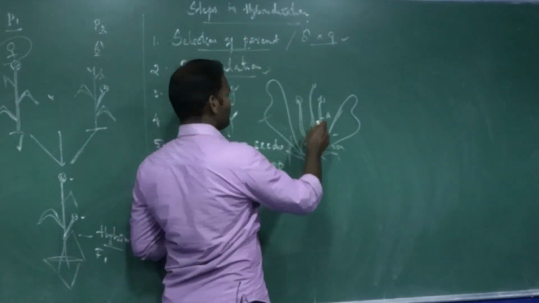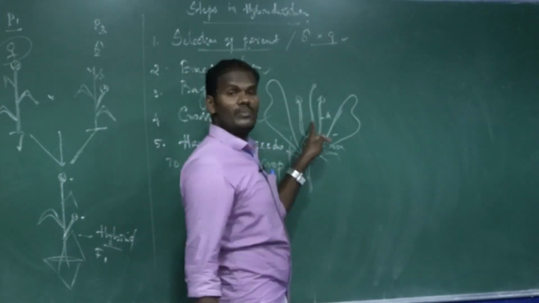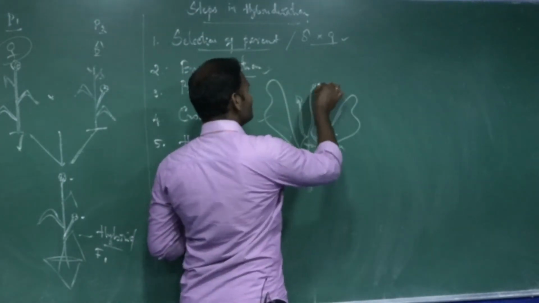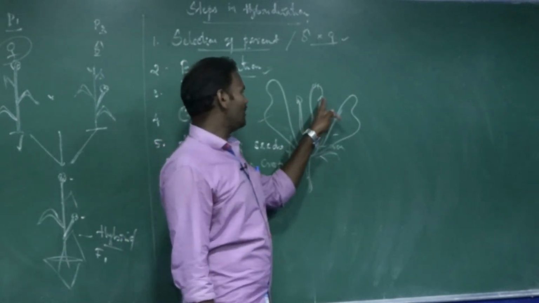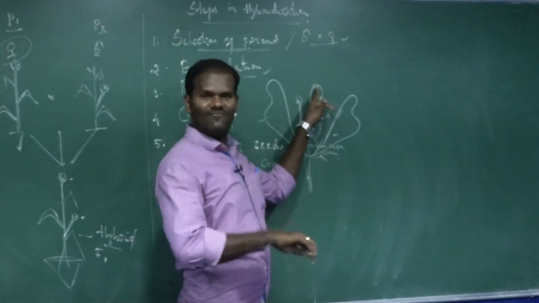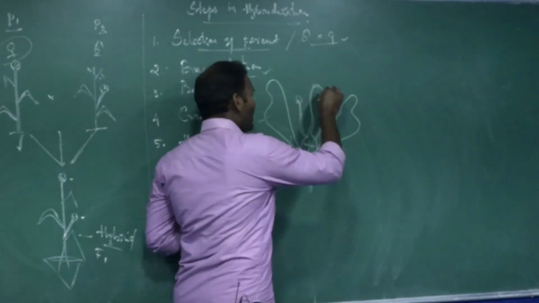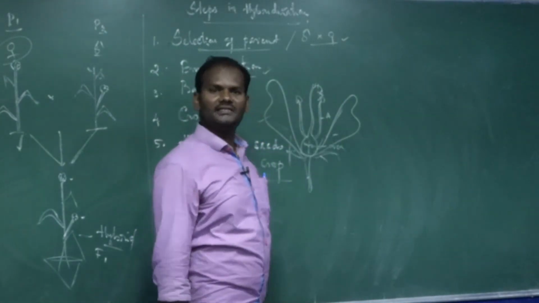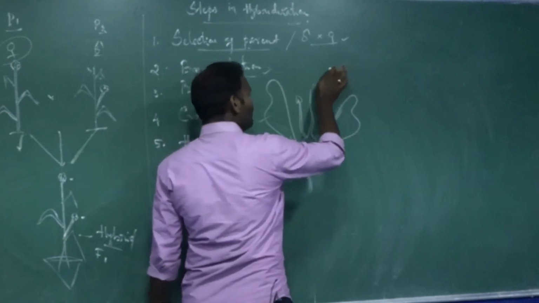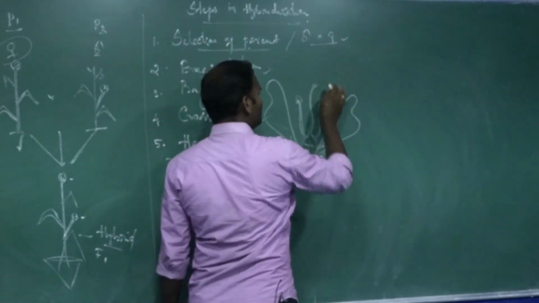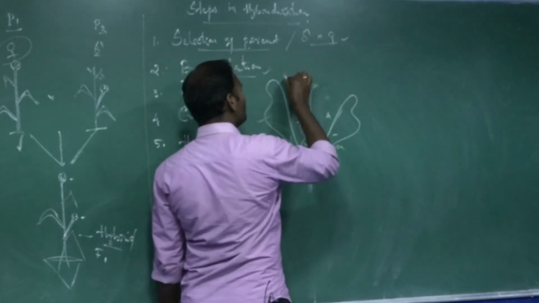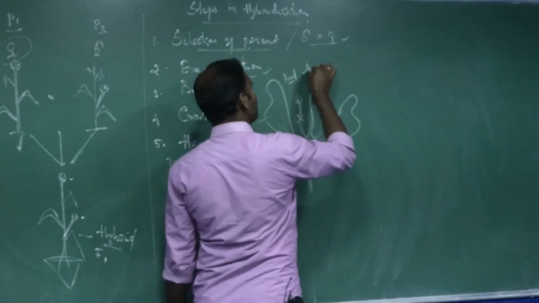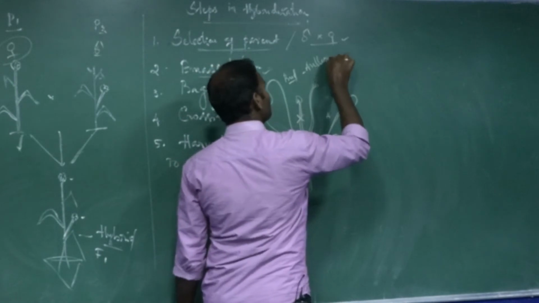If both sex organs are present in the same flower, it is said to be a bisexual flower, which enhances self-pollination. What is self-pollination? Transfer of pollen grains from the anther of a flower to the stigma of the same flower. So, to prevent self-pollination, the anther should be removed in the bud condition, before anthesis.